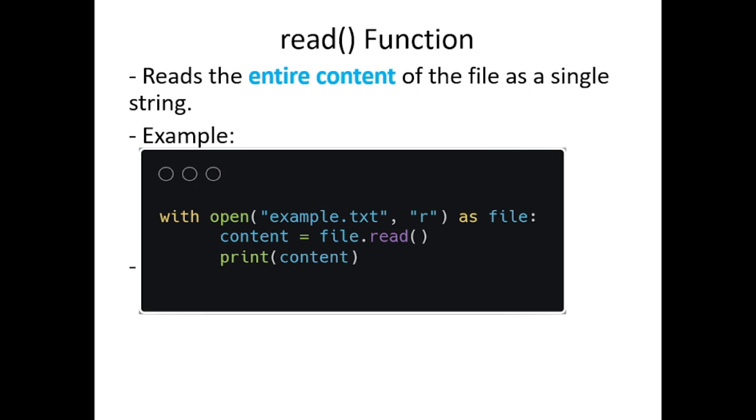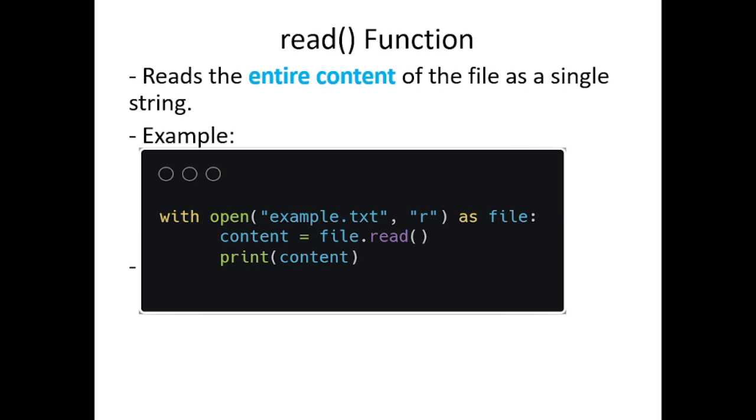In this example we have used a new keyword, that is with. The main advantage of using with is that we need not close the file after using it. It automatically closes the file. Otherwise we can directly use file equals open. So in this way we are using with. With means there is no need to close the file. Here is the example.txt file.